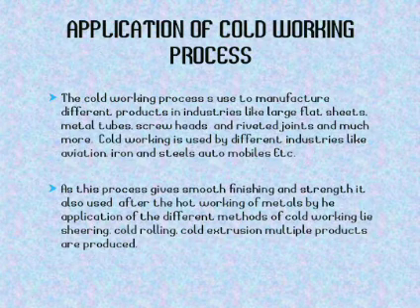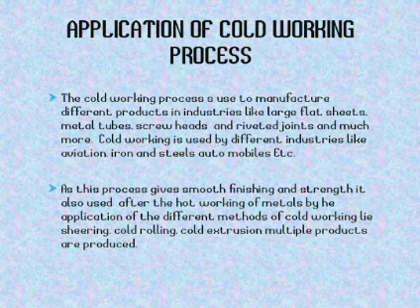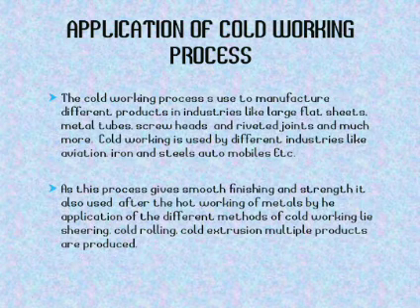So the application of cold working process. The cold working process is used to manufacture different products in industries like large flat sheets, metal tubes, screw heads, riveted joints, and much more. Cold working is used by different industries like aviation, iron and steel, automobiles, and many more.